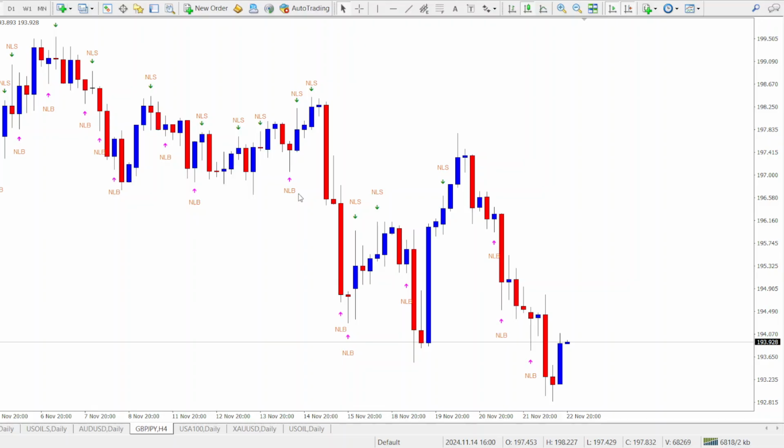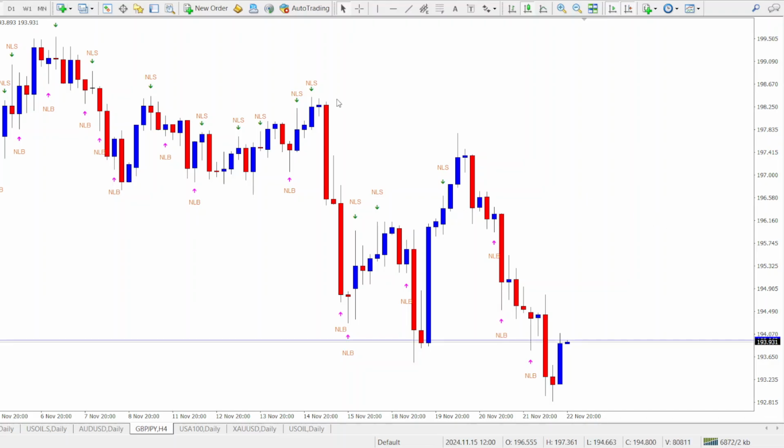Whether you are managing open trades or you're looking for your next entry point, my price action indicator can provide valuable insights into market dynamics. There is not much explanation because the signals are quite straightforward.